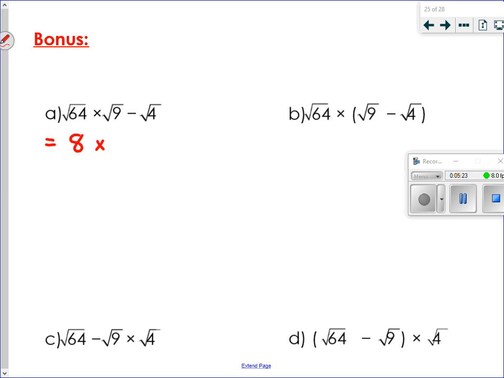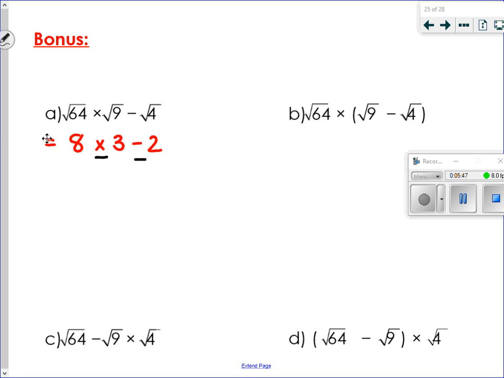Times the square root of 9. Well, I know that 9 is 3 times 3, so the square root of 9 is 3. Minus the square root of 4. What times what multiplies together to give me 4? 2. Okay. Now I have an expression that involves two operations. I have a multiply and I have a subtract.